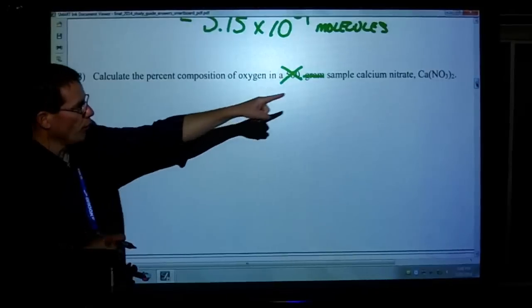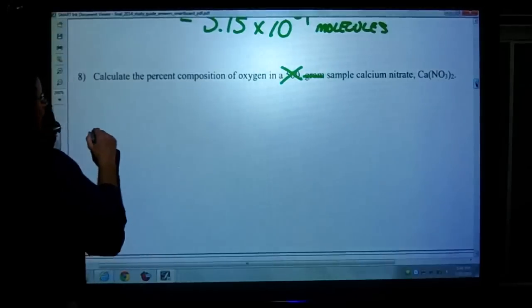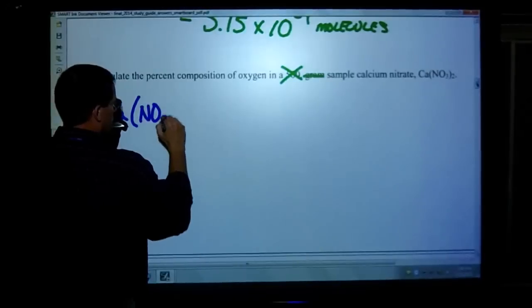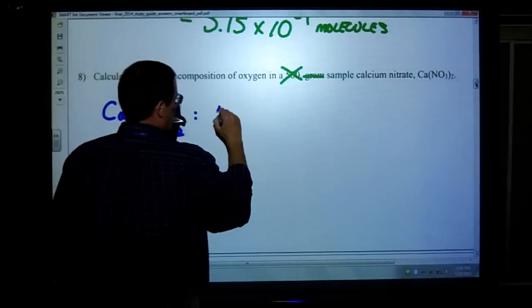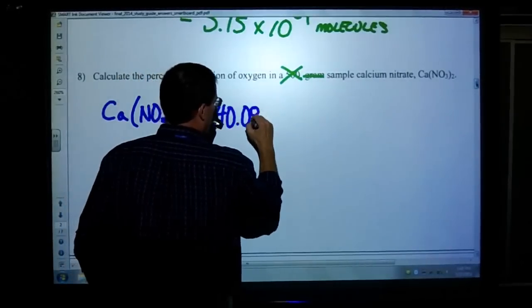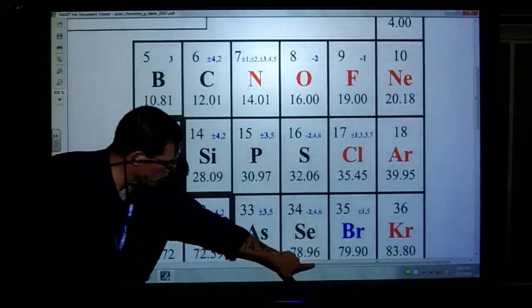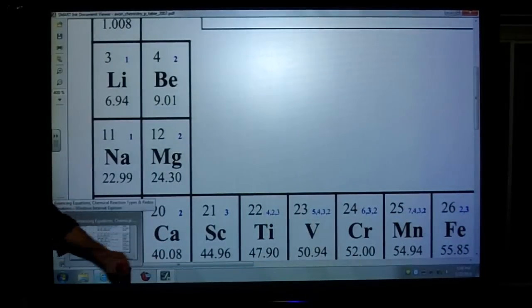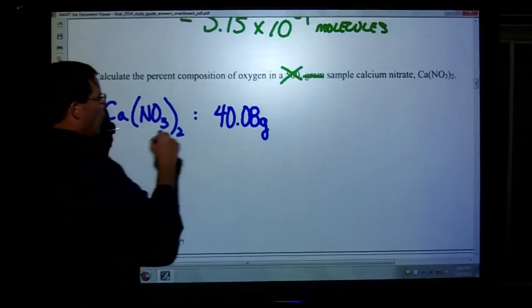So what we need to do first is find out what the molecular mass of the calcium nitrate is. So calcium nitrate. Calcium, we have 1 of those, which is 40.08 grams. How did I get that value? It's on the periodic table. Calcium down here, 40.08. And we have 1 of those.